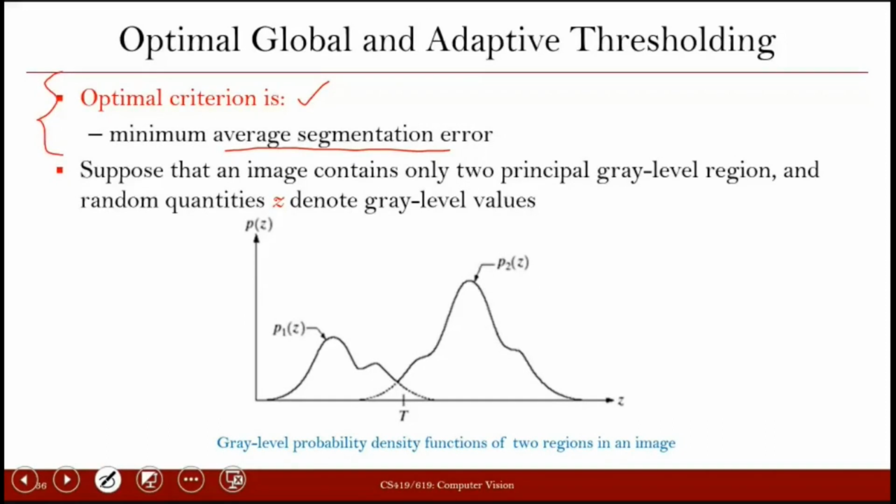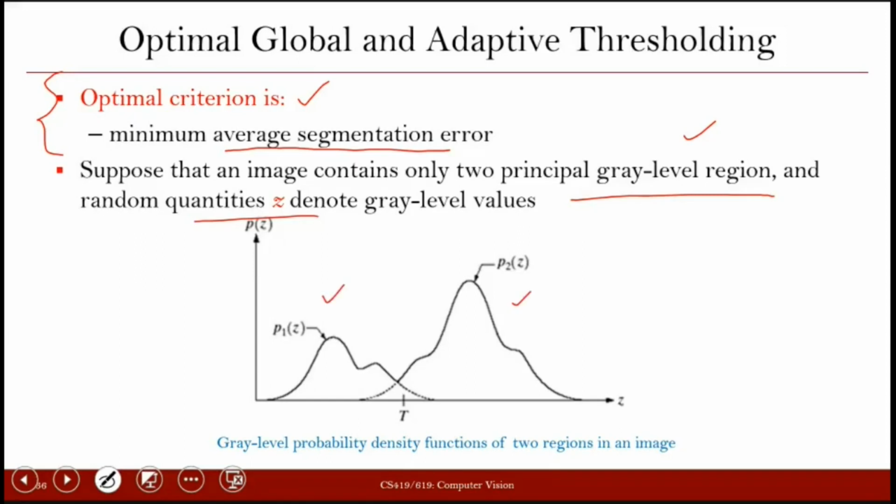Now let us say that the image contains two principal gray level regions, and the overall intensity is denoted by Z. Since we have two gray level regions, when we see the plot of the histogram for this image, we see that there are two peaks, one here and another here.